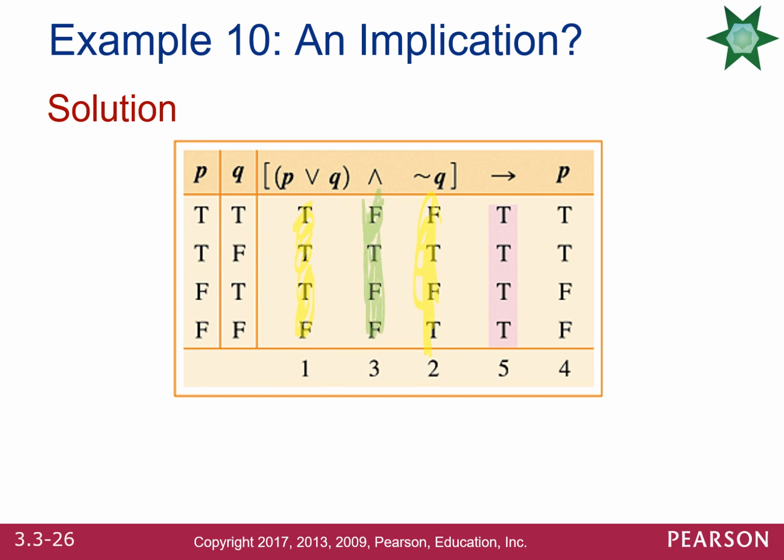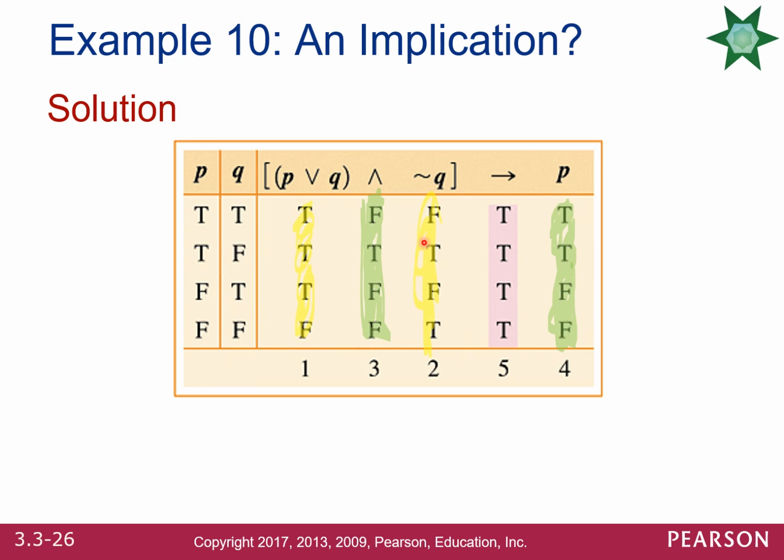Here are the AND values and the P values. These two columns are compared to get the conditional value. For the conditional, the only time we will get false is when the if statement is true but the then statement is false.